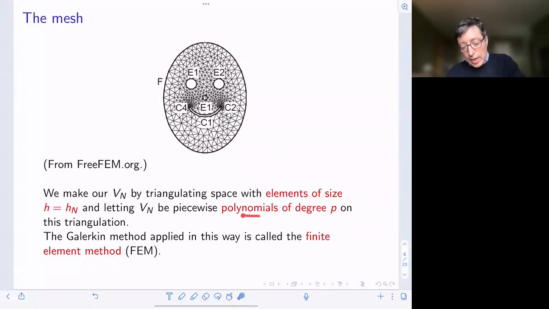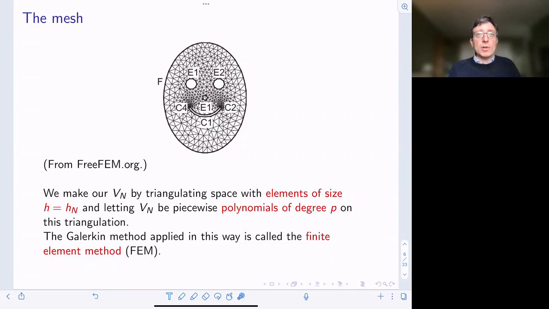And then you let V_n, the subspace of H1, be the space of H1 functions that are piecewise polynomials on these mesh elements, on this triangulation, and that match up along the edges in such a way that they are in H1. So they should be continuous in particular. This was already interesting when p is 1. So think about that for a start. You just take piecewise linear things fitted together along these edges. And that's your subspace.